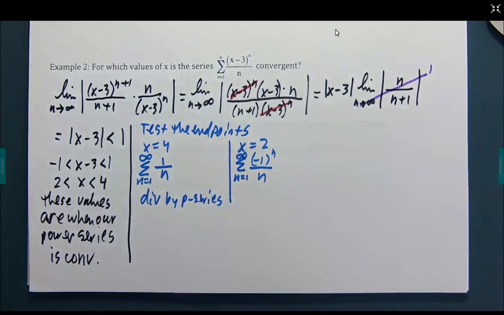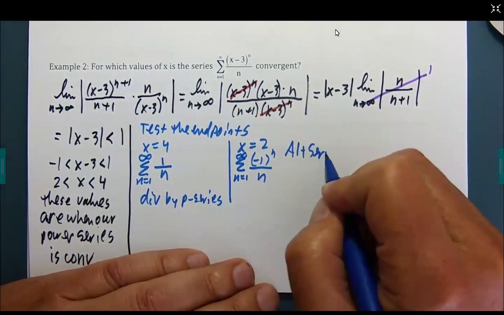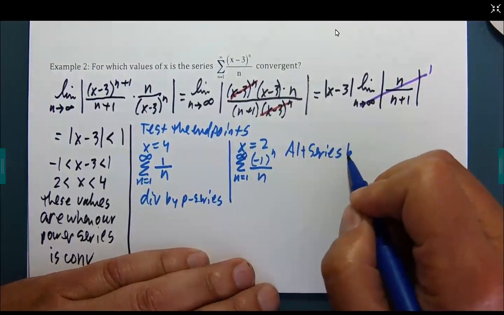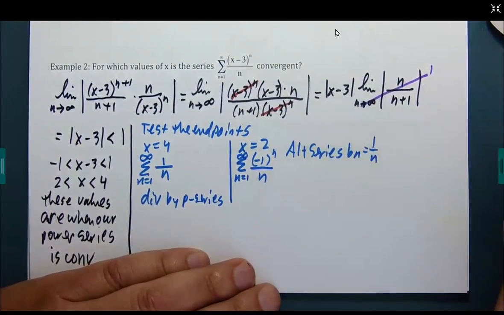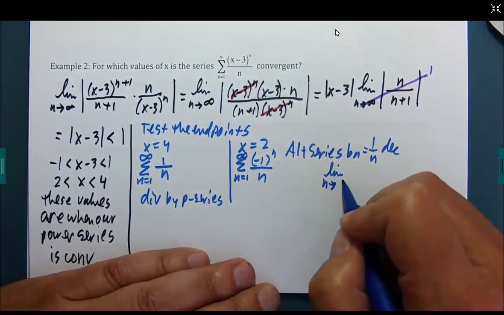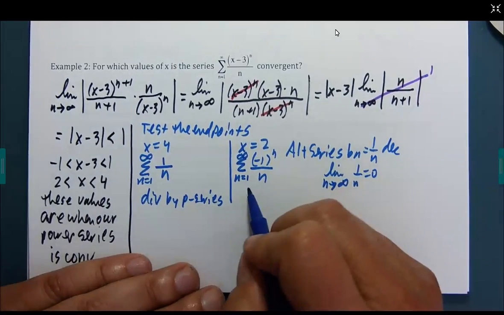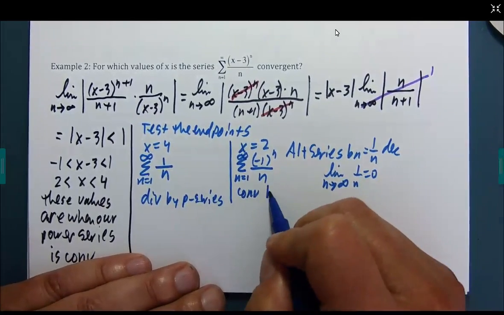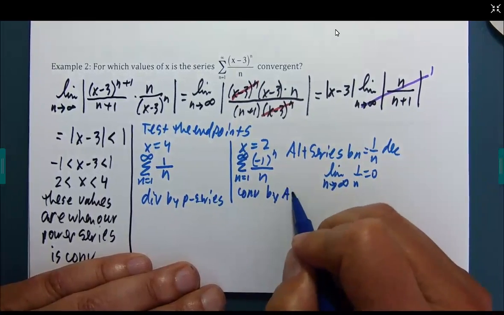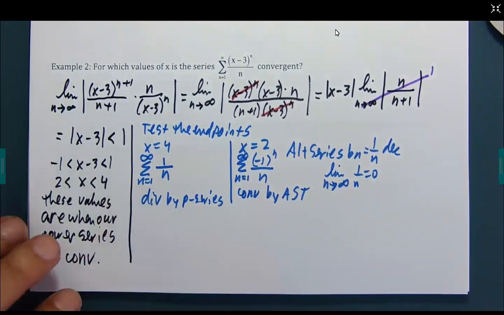Now this is an alternating series where b sub n is 1 over n, which is decreasing, and the limit as n goes to infinity of 1 over n is 0. So this converges by the alternating series test, which means 2 is included. So you can see one of the endpoints was included, the other one was not.